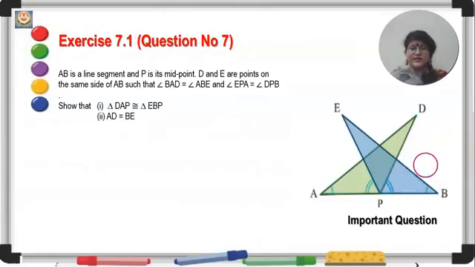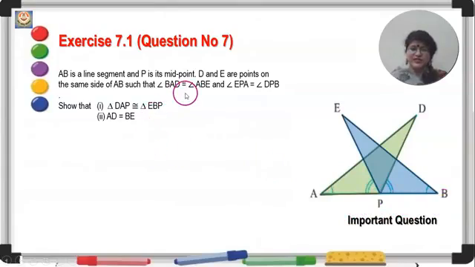Now it is given that in this diagram AB is a line segment and P is the midpoint of AB. Now, if P is the midpoint of AB, AP will be congruent to BP.